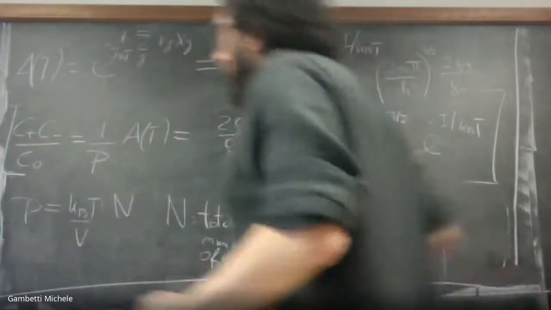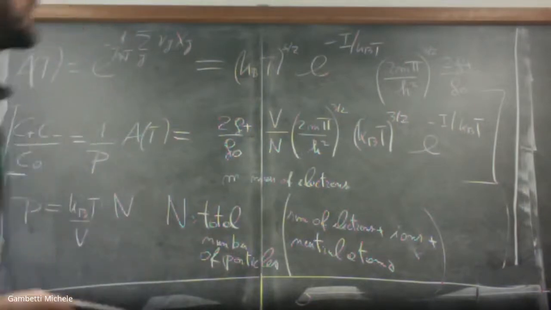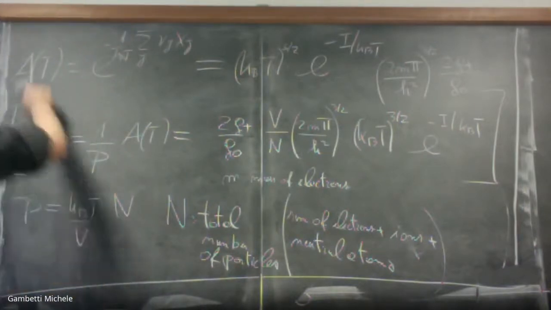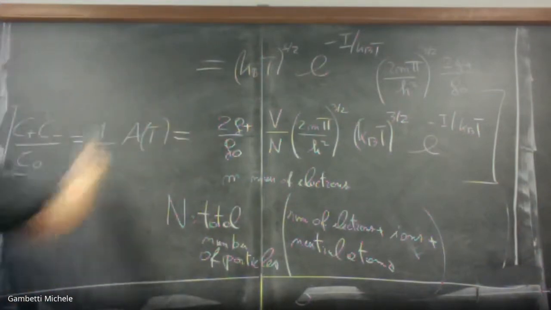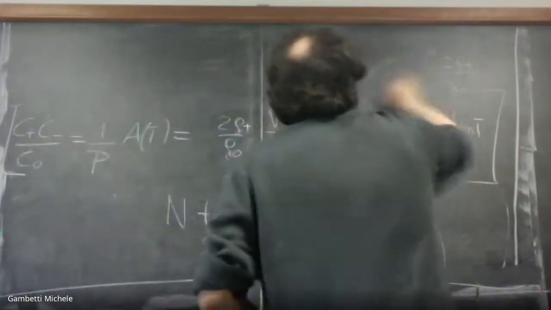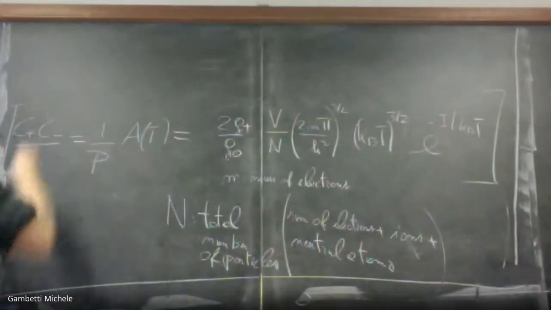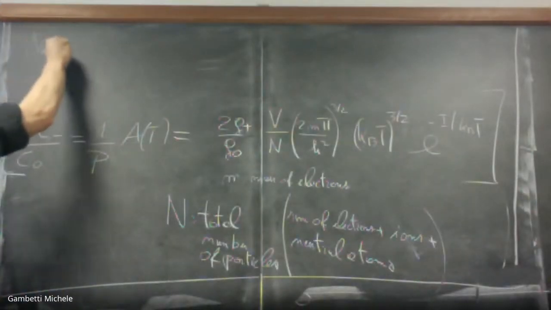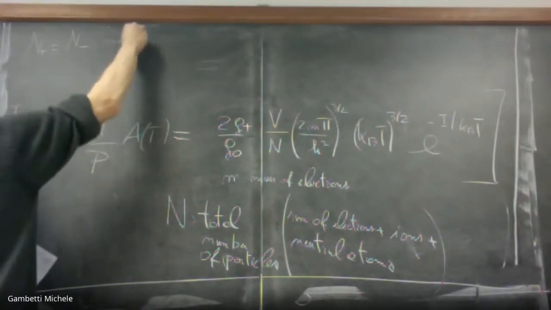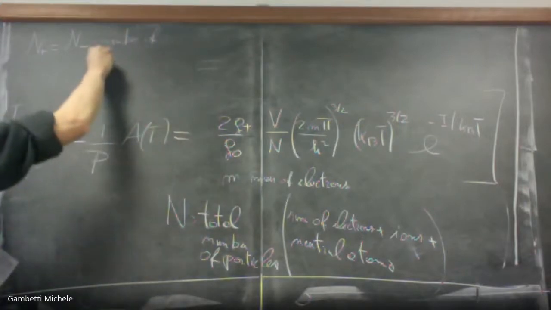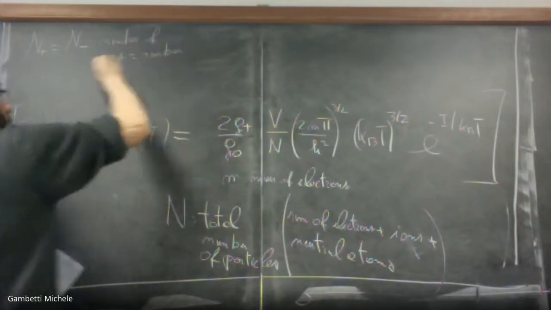Okay, so now what I want to do is to study the degree of ionization as a function of the temperature. So let me introduce some notation. Let me call n plus equal to n minus the number of ions, which is also equal to the number of electrons.